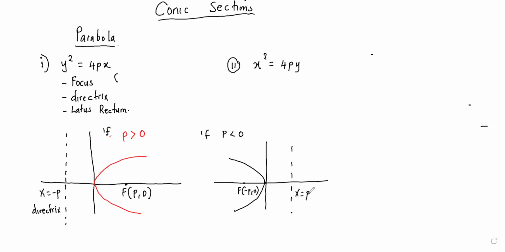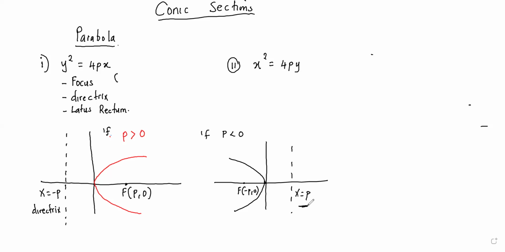So now, don't get confused with this part, since p is negative. As it appears on the x is equal to p, it has to be positive there, except that I cannot put it as a negative p, since there will be confusion of y negative on the right, but in the actual sense, it will be positive on the right. Okay, so this is for the first case when you're dealing with y squared.